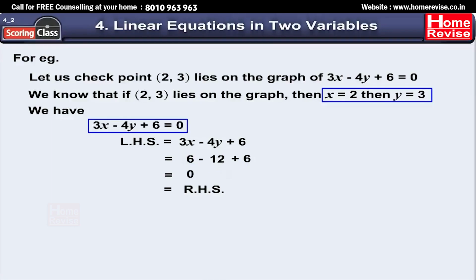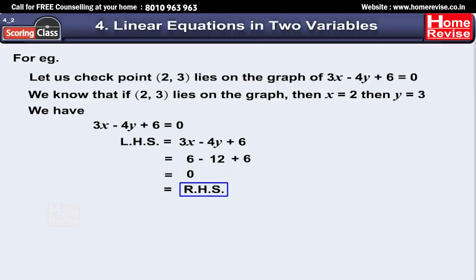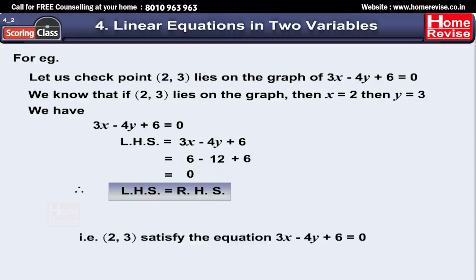So, by substituting the values of x and y, we get 0 and that is equal to RHS. Therefore, LHS is equal to RHS. That is, (2, 3) satisfies the equation 3x minus 4y plus 6 is equal to 0.